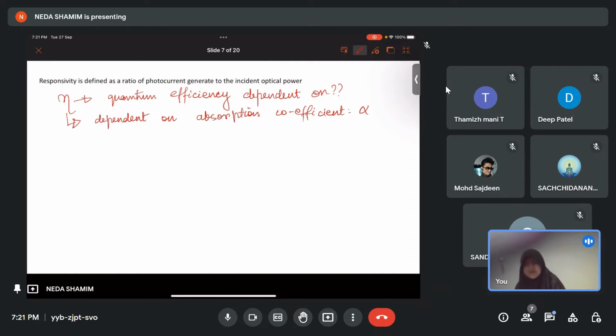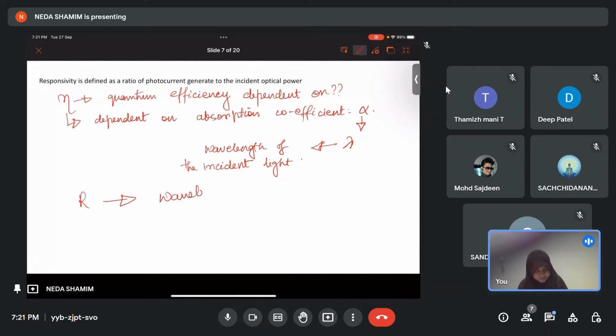But what wavelength will get absorbed is also a question, whether my device will absorb that wavelength or not. So this absorption coefficient again depends on the wavelength of the incident light. There is some cutoff wavelength associated with every semiconductor. Hence my responsivity R will depend on the wavelength of the incident light.